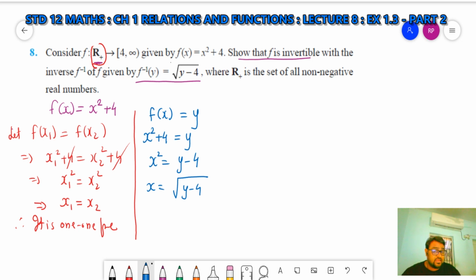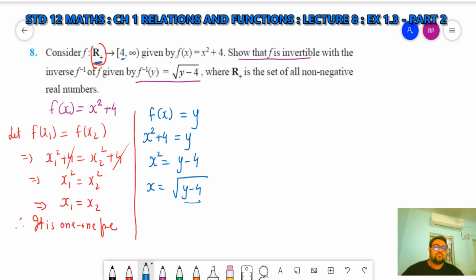Now see here also it can be plus or minus, right? But in the range we cannot take any number less than 4. So y minus 4 will be greater than 0, hence square root is possible. Clear? And the domain x cannot be negative. So it will be only plus square root of y minus 4.